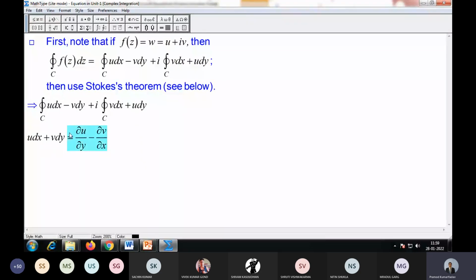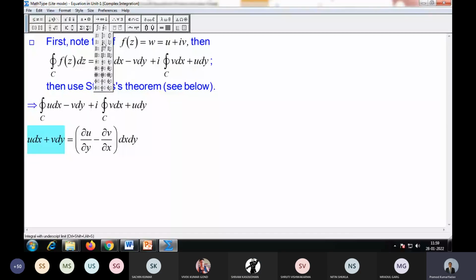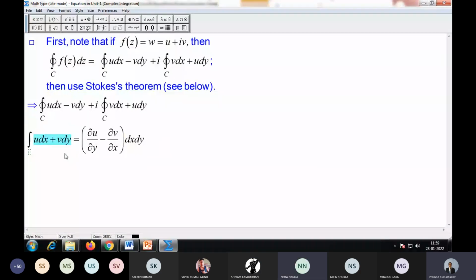Then dx dy. It is the single integration we are going to put into double integration. Sir, I think it should be del v by del x minus del u by del y, like the negative of this.